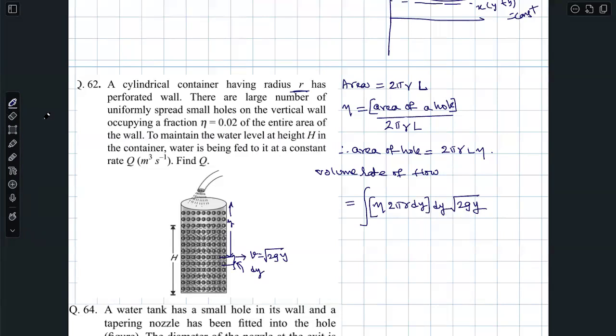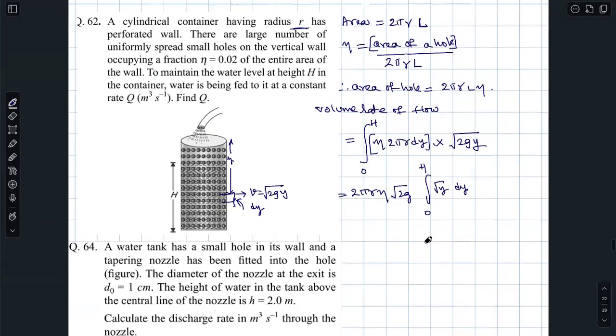Into root 2gy. Do the integration 0 to h. So do the integration part. You will get 2 pi r eta, which is totally common out, root 2g common out, root y dy 0 to h.